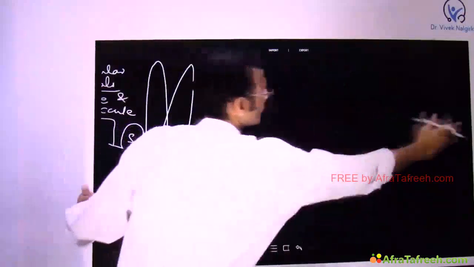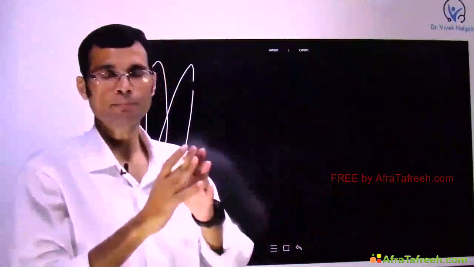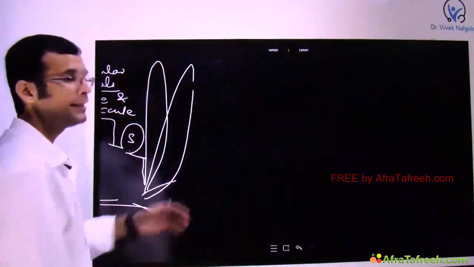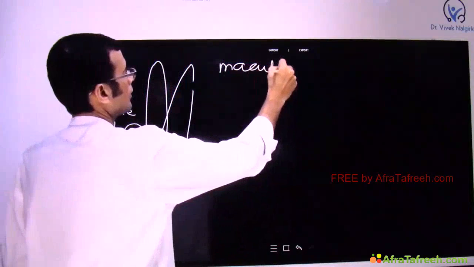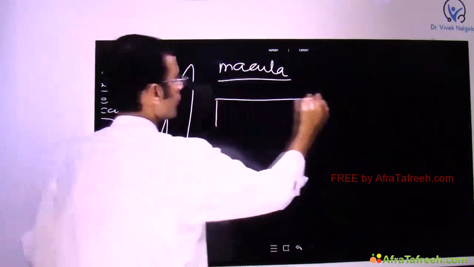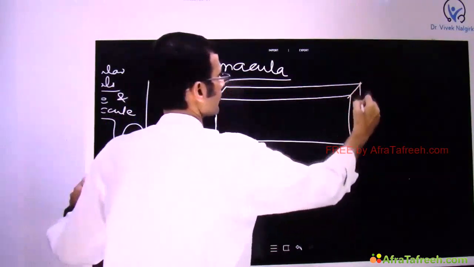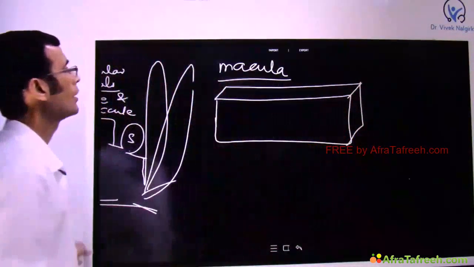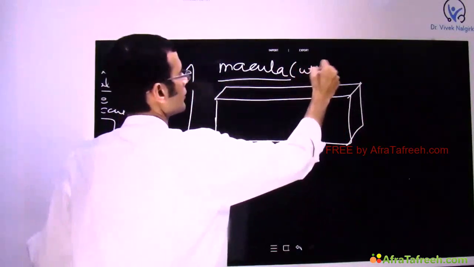Utricle and saccule are involved in linear acceleration, meaning maintaining the balance of the body when there is linear acceleration. Inside them, there is the organ for equilibrium called macula. Macula inside the utricle is horizontal, like this. This is the macula inside the utricle. It is horizontal.